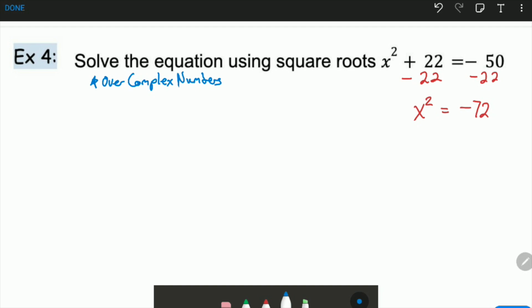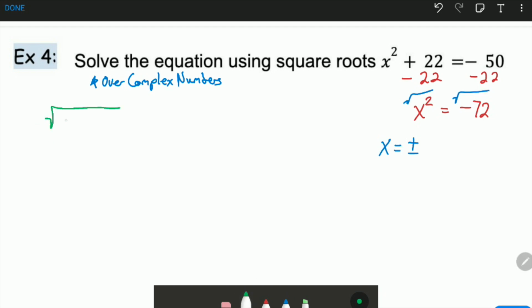And then there is no multiplication or division, so we move on to getting rid of our exponents. The opposite of squaring something is to square root. We're applying that property where we're essentially square rooting both sides, giving us x equals plus or minus, well, the square root of -72 isn't actually a perfect square. On top of that, it's negative, so we're going to have to break the 72 apart to deal with it.